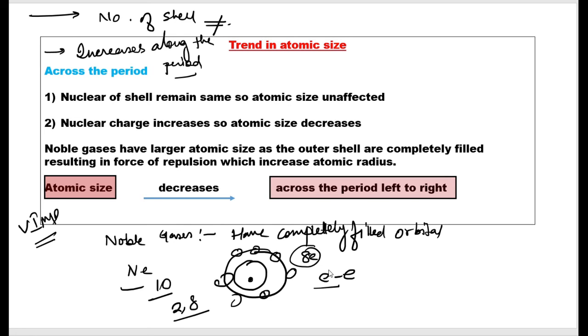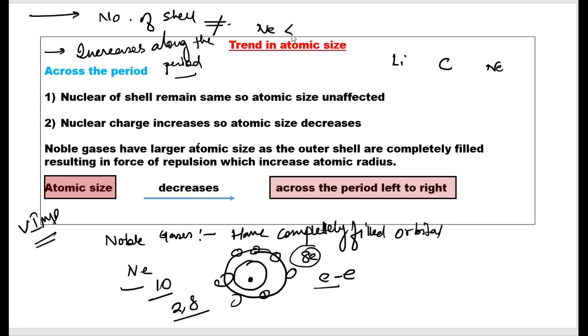Very important to know. Why I am teaching you this is, suppose I have given you 3 elements, lithium, carbon, neon, and I have told you to arrange these 3 elements in the increasing order of their atomic size. Definitely what you would have done is, from the simple concept, across the period atomic size decreases.